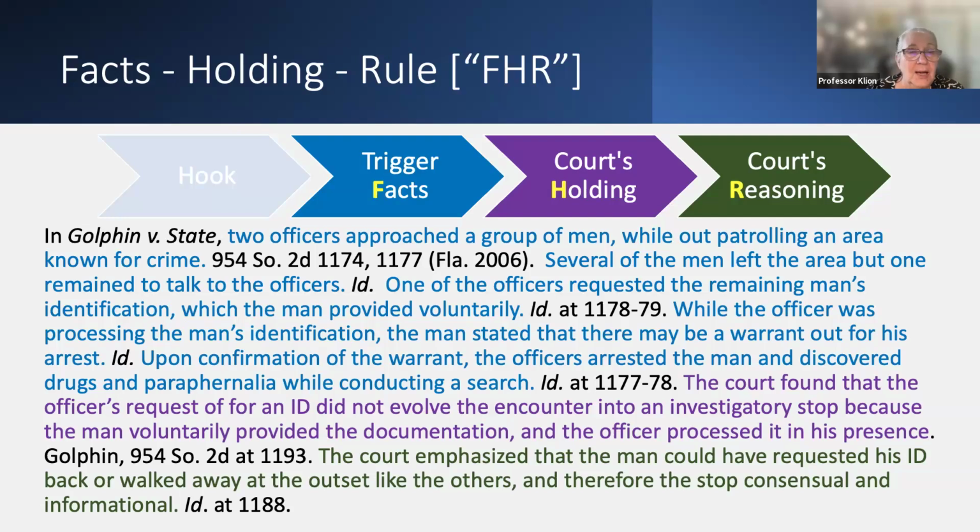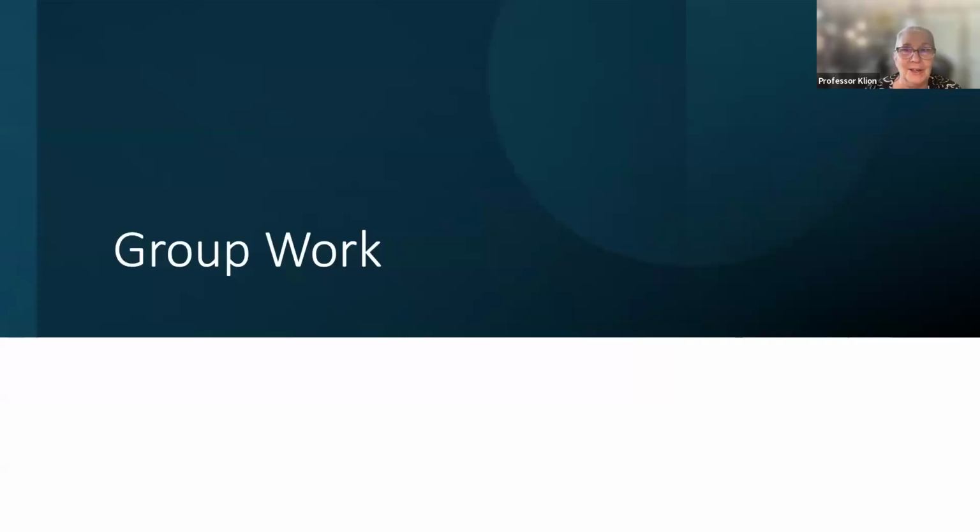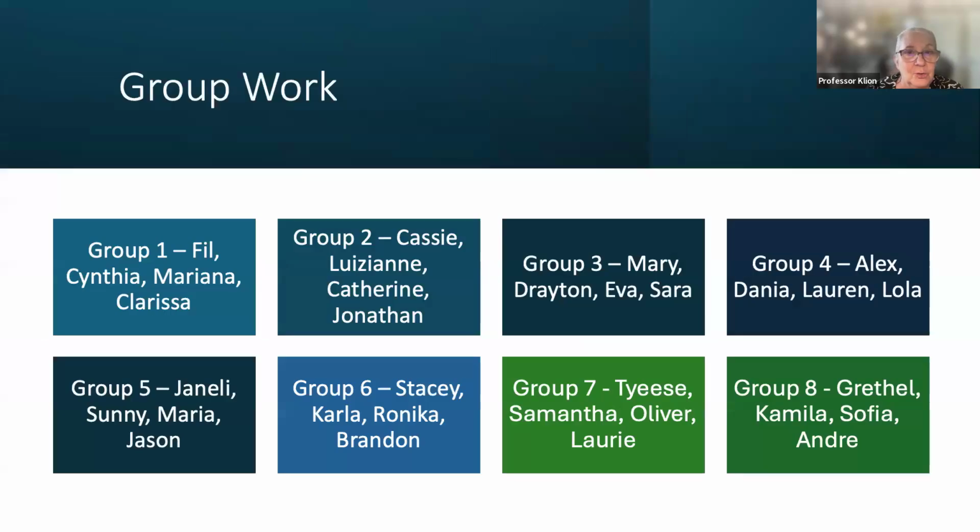To try to help you guys do better with case illustrations and FHRs, we have more group work. These are the groups. You will find the assignment on Canvas. Within your group and the assignment, there is an FHR.